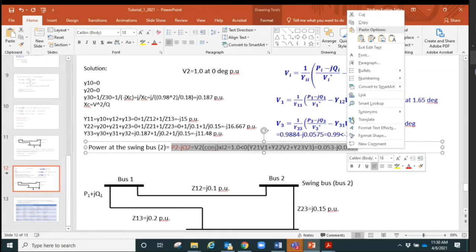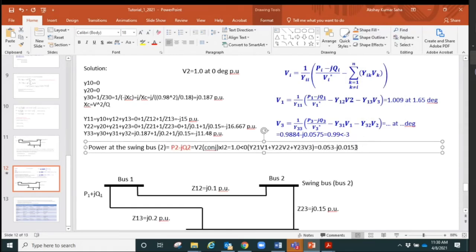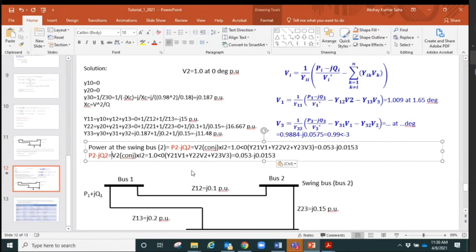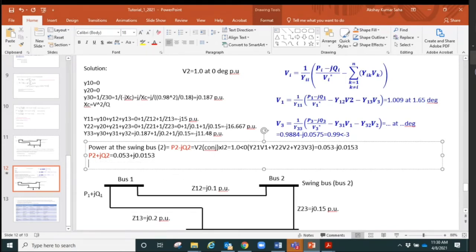So the power that we have calculated now, the answer is okay, but not immediately. We need to convert it to P2 plus JQ2 form, that's our conventional form. So we change the sign on this side as well. When we have this, we see the sign of reactive power is positive.